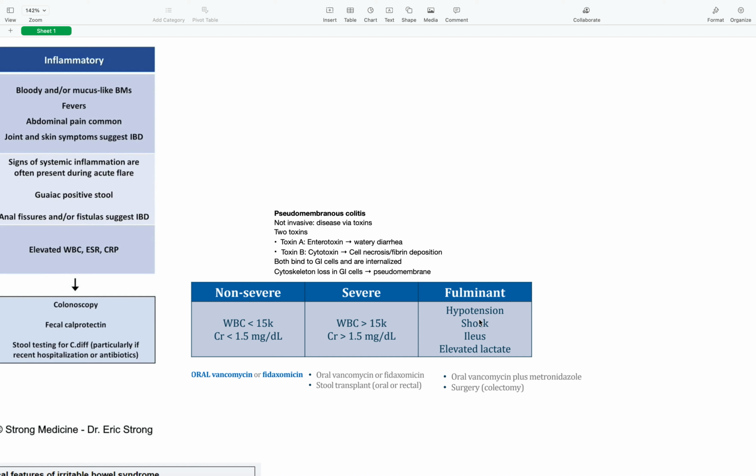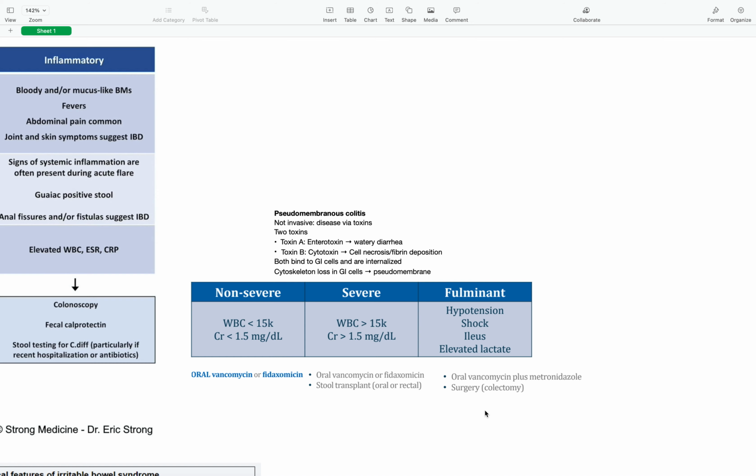Fulminant causes hypotension, shock, ileus, elevated lactate. Here you treat with oral vancomycin plus IV metronidazole, and then surgery. The surgery is essential to remove the infected part of the colon, so colectomy is essential as well.